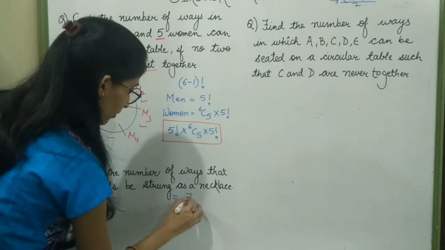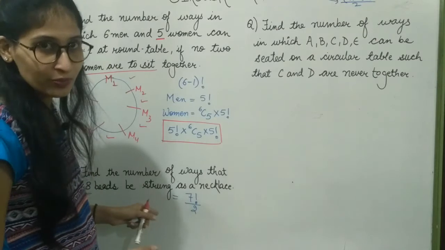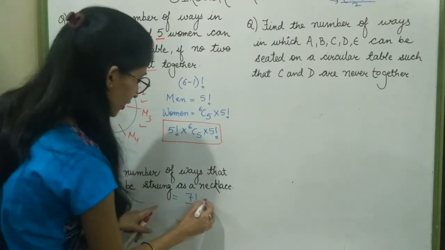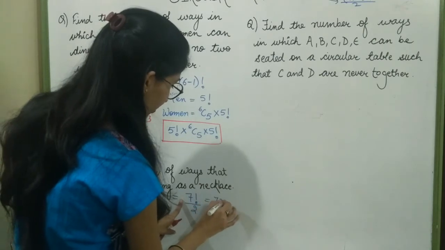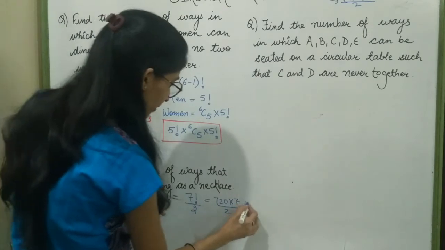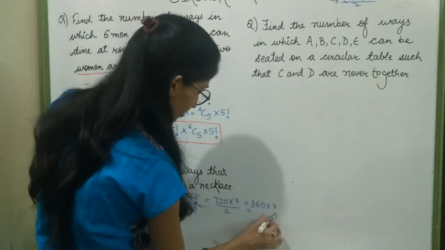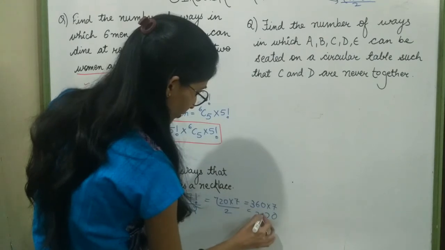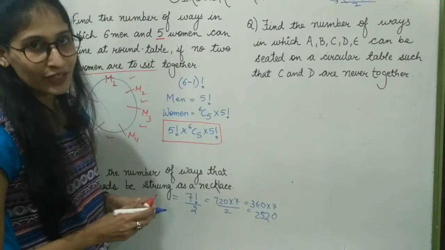So answer here will be 7 factorial upon 2. Now 7 factorial will be 5040, that is 720 into 7, upon 2. That will be 360 multiplied by 7, which is 2520.